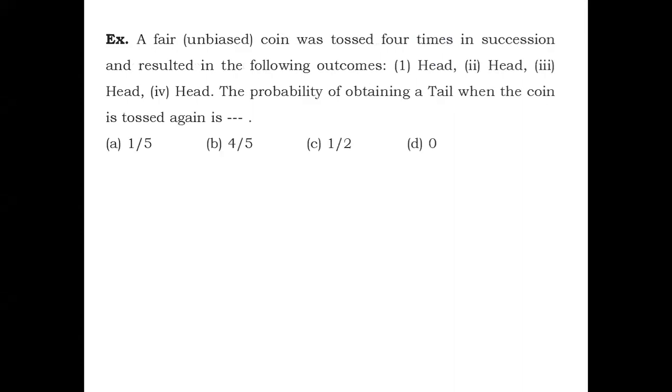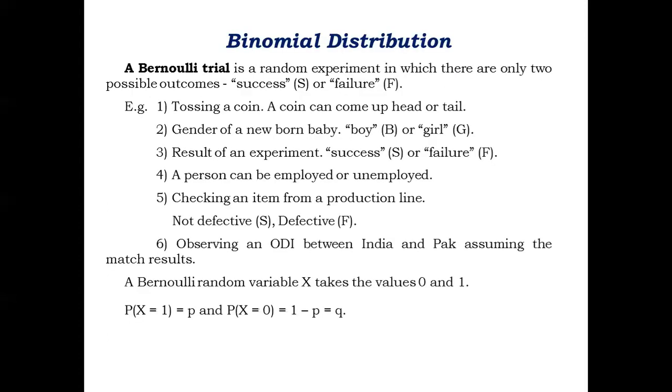A fair coin was tossed 4 times in succession, and the results are head. I think that has been already discussed. Then binomial distribution. This is another very special and discrete type of distribution.